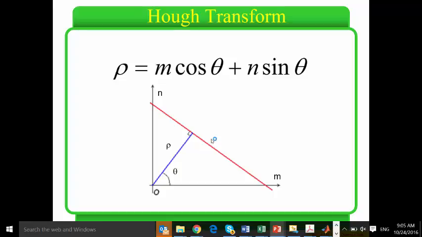So actually, any point here that has m and n should satisfy this expression.